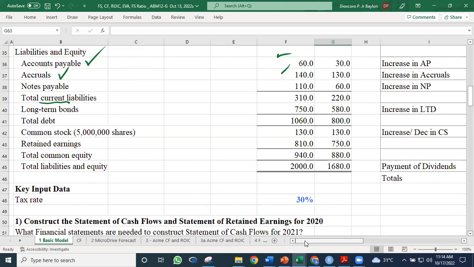If it's an asset, any increase in asset is deemed a use of cash. From there, you'll be able to trace the other rules. So a decrease in asset means a source of cash. On the other hand, an increase in liabilities and equities means a source of cash.